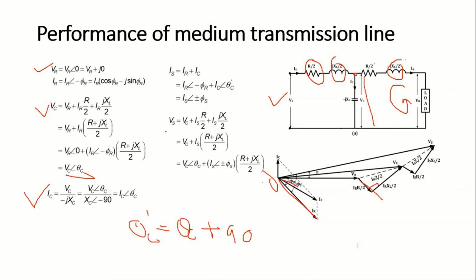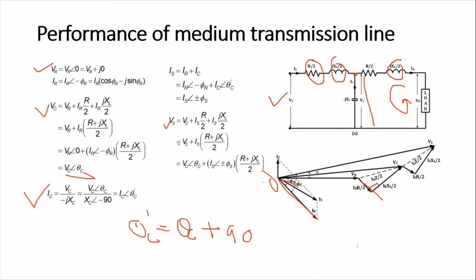Now the sending end voltage can be written as Vs is equal to Vc plus Is into R by 2 plus Is into jXL by 2. The sending end voltage is equal to the capacitor voltage plus the voltage drop in these two terms due to the sending end current.